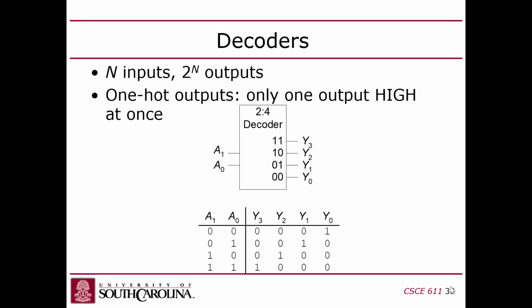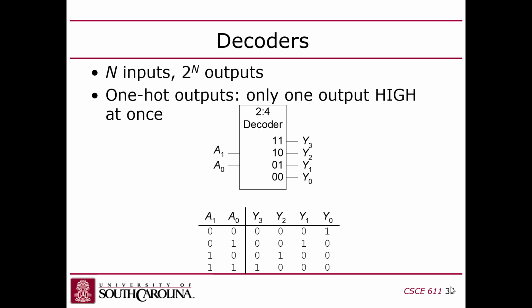You probably remember this too. Maybe, I don't know if they covered this really thoroughly in 211. We already looked at kind of a version of a decoder, that priority circuit. But a classical decoder has n inputs and 2 to the nth power outputs.